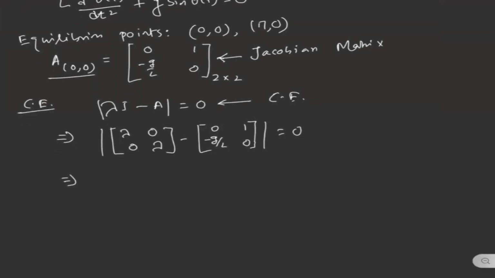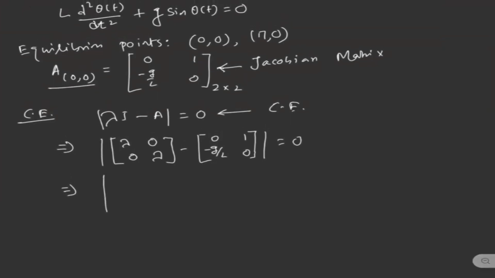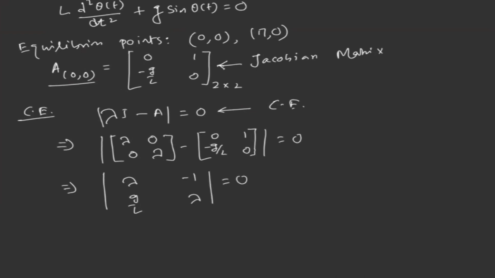And from this we can write lambda, minus 1, g by L and lambda, equal to 0.